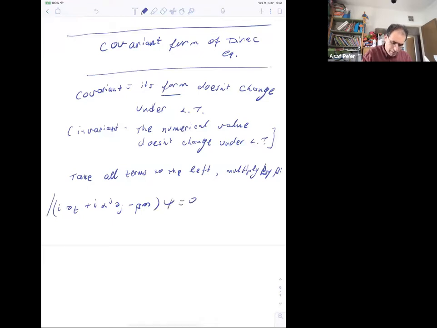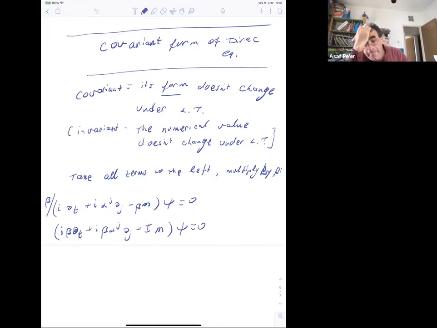Then I multiply by beta, and I get I beta dt plus I beta alpha j dj minus, now I have a beta squared, but beta squared is I, m, psi is equal to 0. That looks cool.